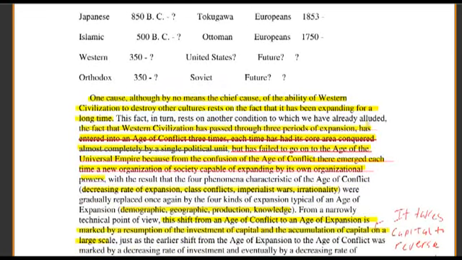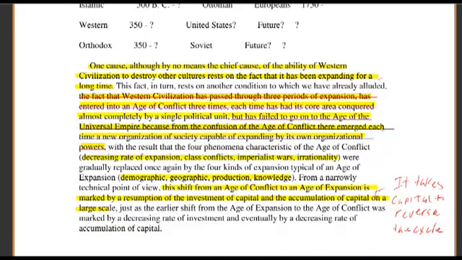The chief cause, he says, of the ability of Western civilization to destroy other cultures rests in the fact that it has been expanding for a long time. Western civilization has passed through 3 periods of expansion and entered into an age of conflict 3 times, and each time had its core area conquered almost completely by a single political entity.